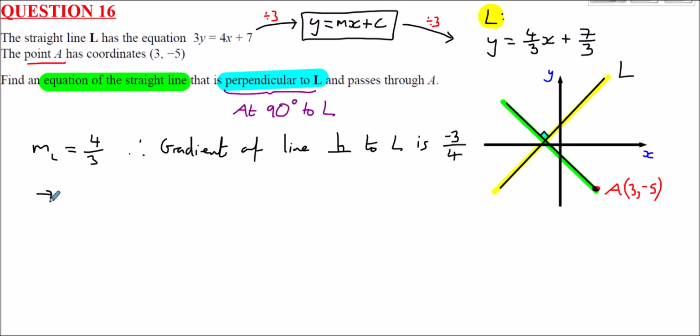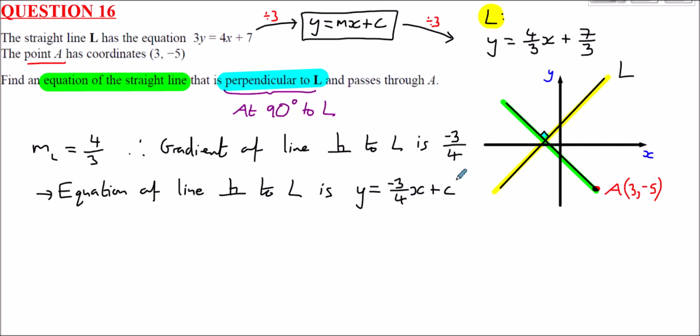So the equation of the line which is perpendicular to L, again using y = mx + c, we're going to have y equals the gradient of this line, which is -3/4 of an x, plus c, which I don't know what it is yet, but I do know that point A passes through this line.